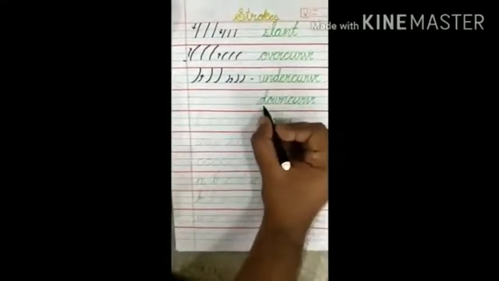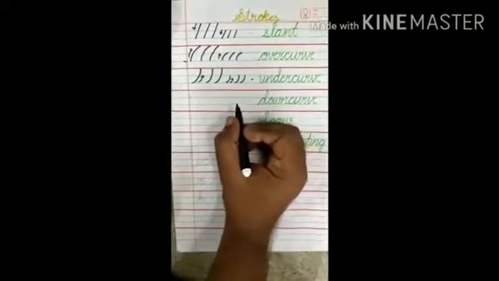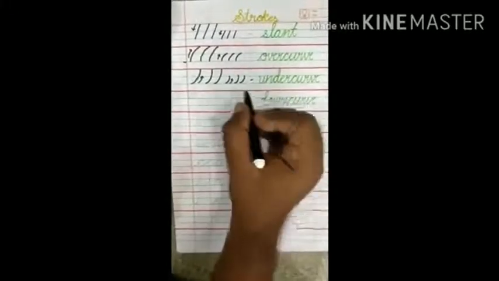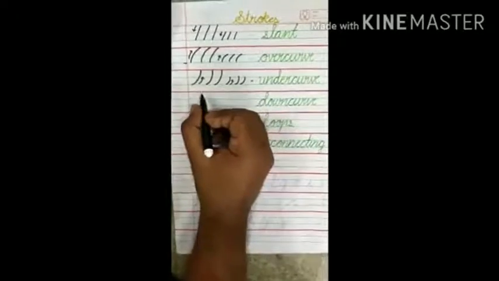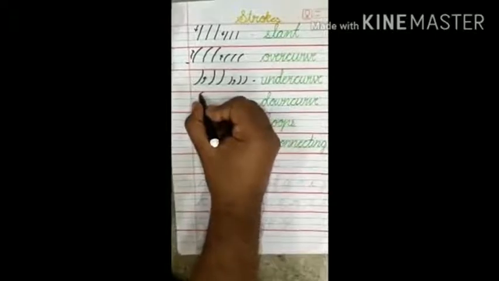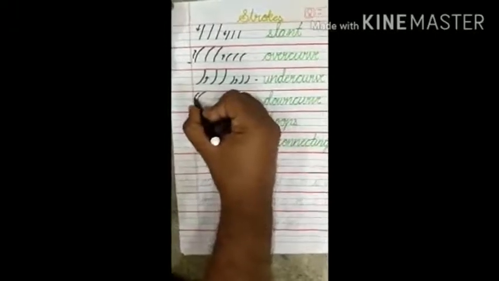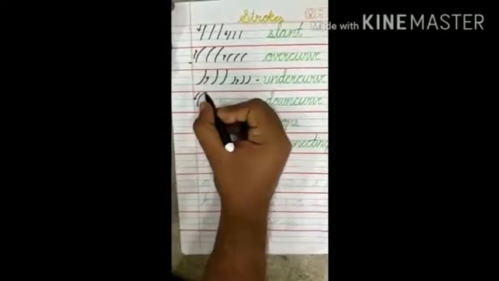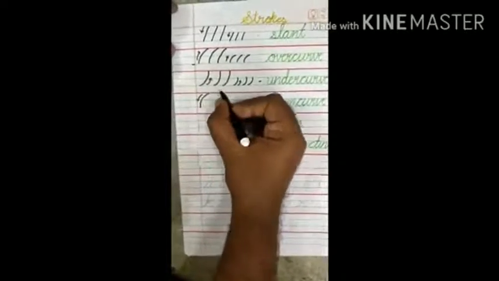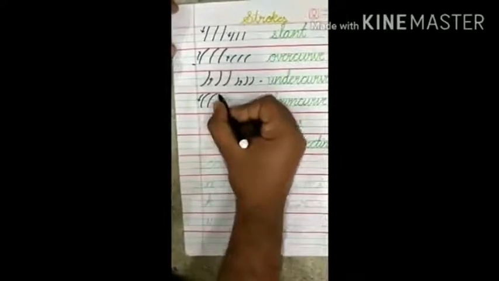Next we are going to see is down curve. How is the down curve drawn? From the top line we have to draw to the base line like this. You get the direction children? From the top we have to start, from the top line to the base line.